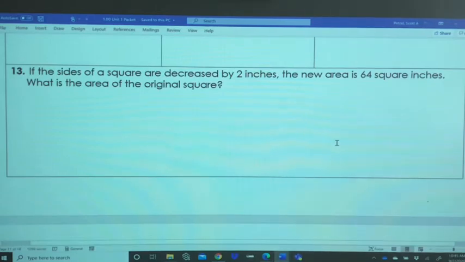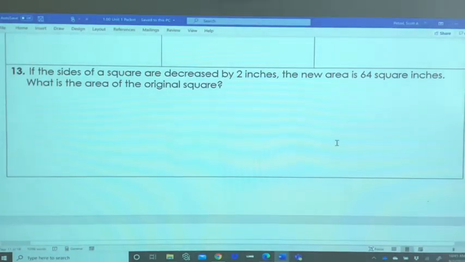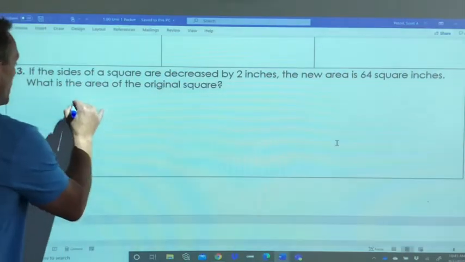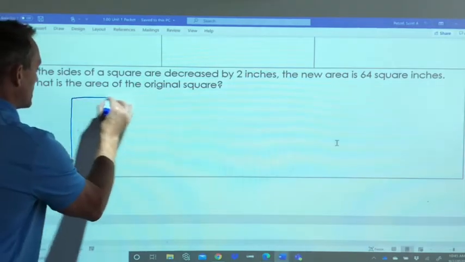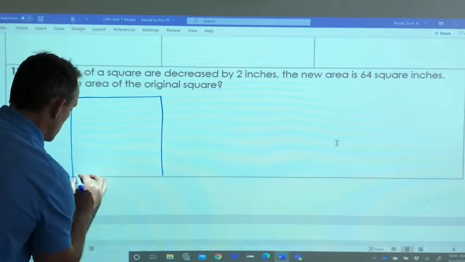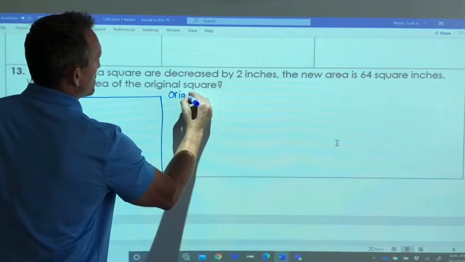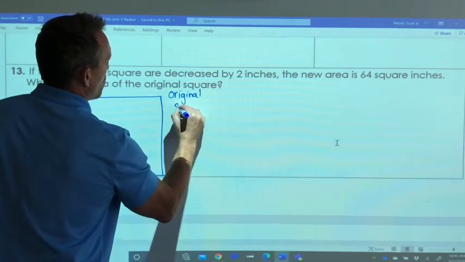Okay, it says if the sides of a square are decreased by 2 inches, the new area is 64 inches. What is the area of the original square? So here's my original square.